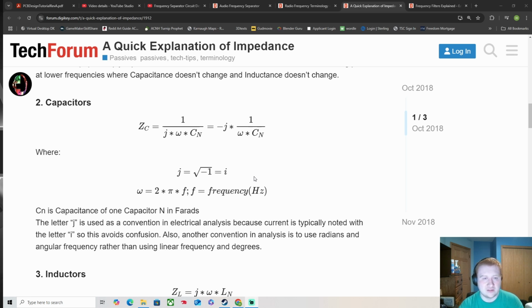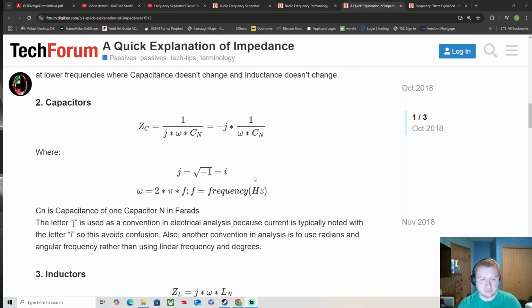So it's 1 over j times omega, which is the radian frequency. So omega equals 2 pi times the frequency in hertz, and then you multiply it by the capacitance of the capacitor. Another way to rewrite that is negative j times omega times the capacitance.